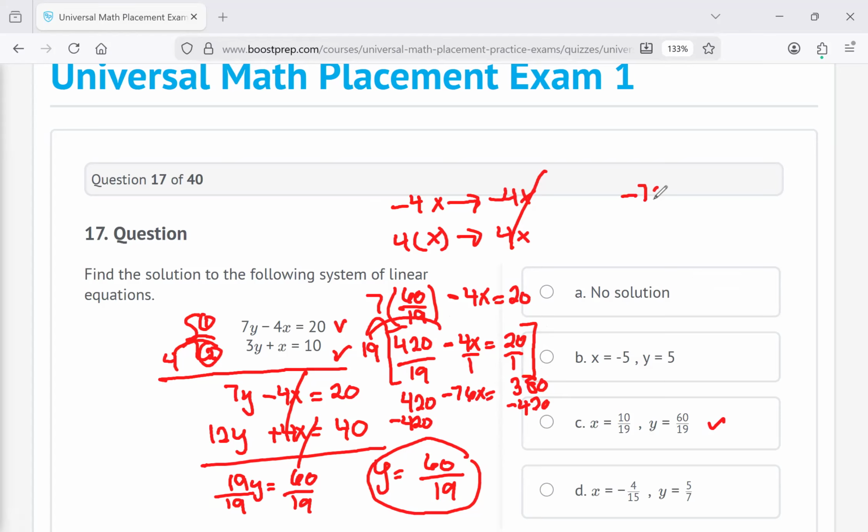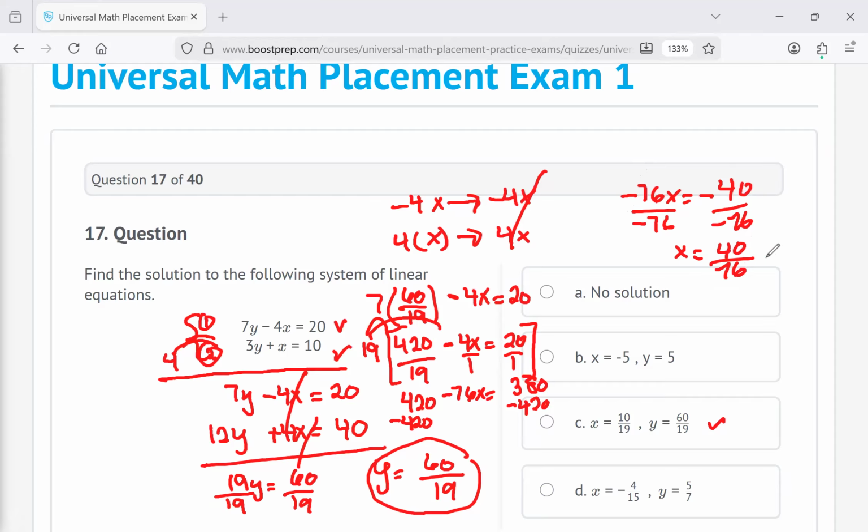You get -76x equals 380 minus 420, which is -40. And is this 76? Yes. Divide both sides by -76, and you get positive 40 over 76.